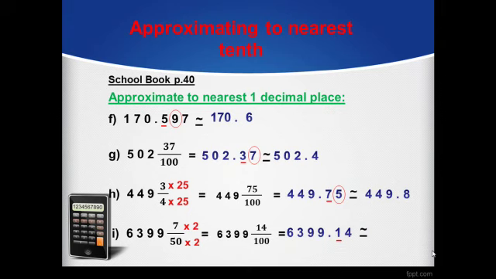We will put numbers before it same as it is, which is 6,399, and we will put decimal point. Then we will look at 100th digit, which is 4, a weak number, will do nothing to our 10th digit, thus we will put 1, and all numbers after 10th digit will be cancelled out.